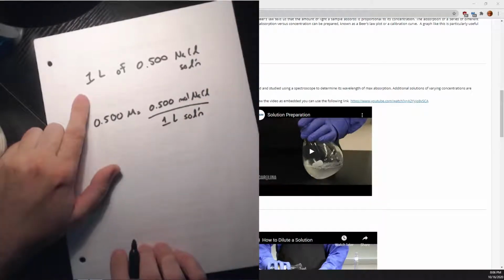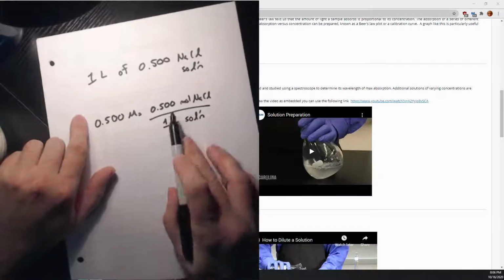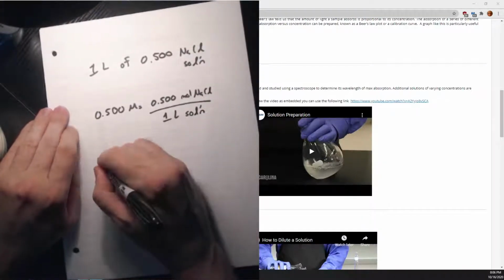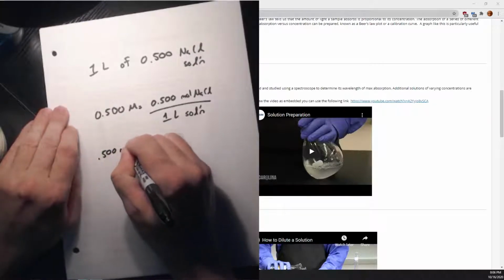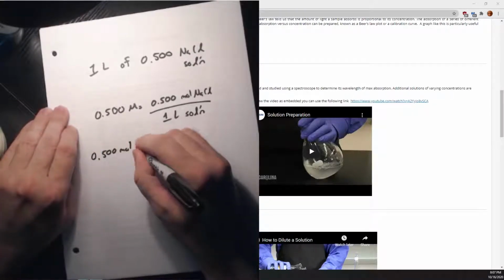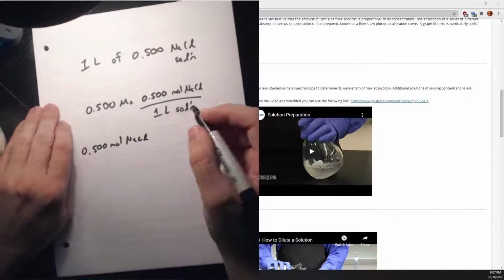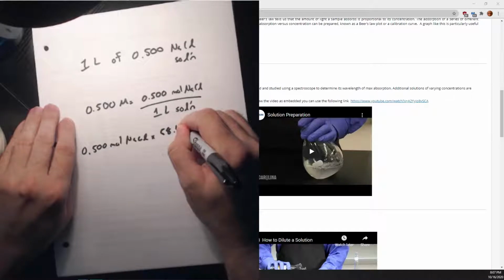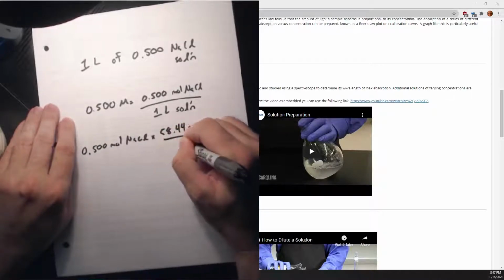So in order to make 1 liter of this 0.5 molar solution, we need half a mole, because it's 0.5 moles per liter. And 0.5 moles of NaCl, well, sodium chloride has a molar mass of 58.44 grams per mole.